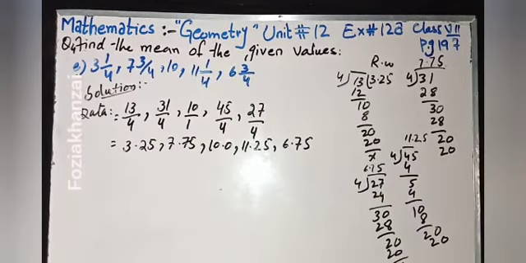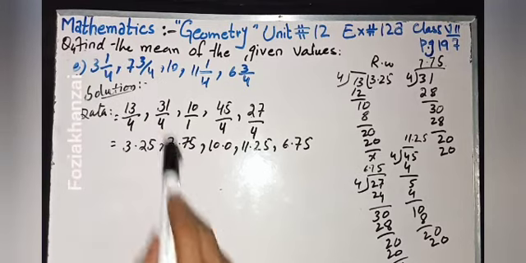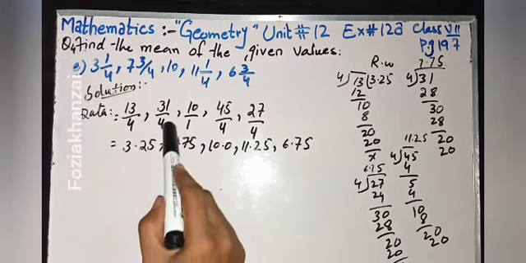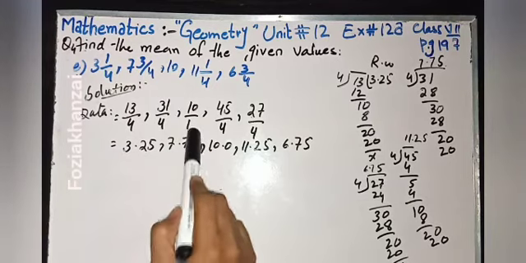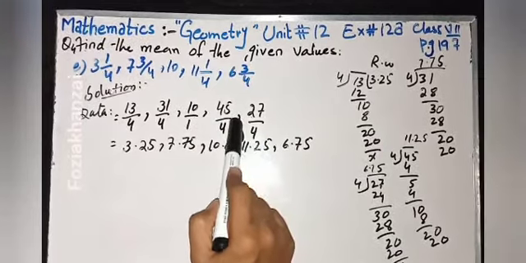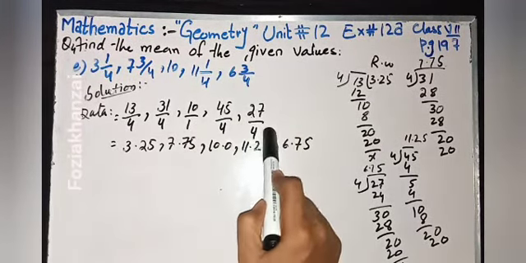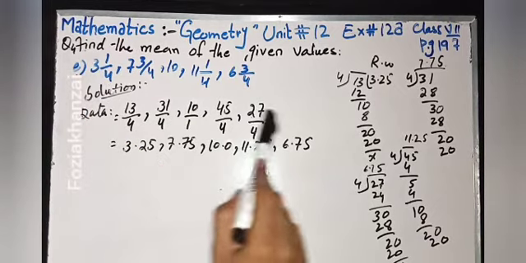Part E is given in mixed form. First we convert the whole numbers into fraction form. 4 3s are 12, plus 1, 13 upon 4. 4 7s are 28, 29, 30, 31 upon 4. 10 upon 1. 11 4s are 44 plus 1, 45 upon 4. 6 4s are 24 plus 3, 27 upon 4. Converted into fraction form.